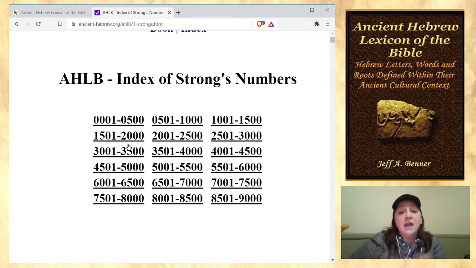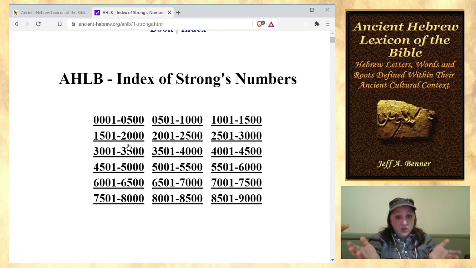So if you're familiar with the Strong's Concordance, you know that when you're reading a verse in the Bible, you can look up a word that you see in the verse, and it will tell you in the Strong's Concordance what Hebrew or Greek word that word came from. And it will assign a number to that word.